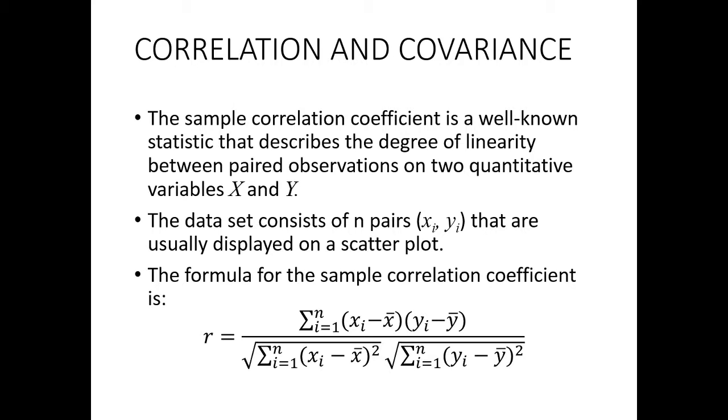Correlation and covariance are numerical indicators to describe the dependence between two samples. It is a well-known stochastic value that describes the degree of linearity between the two samples x and y.